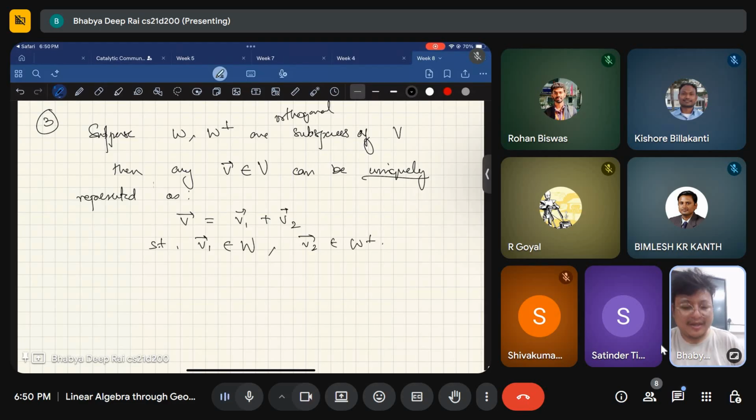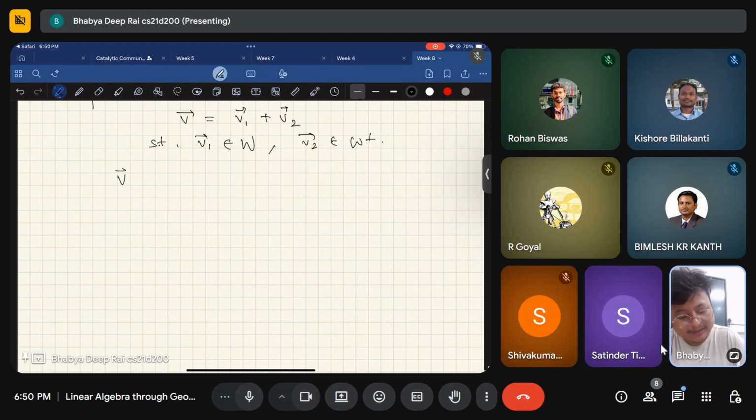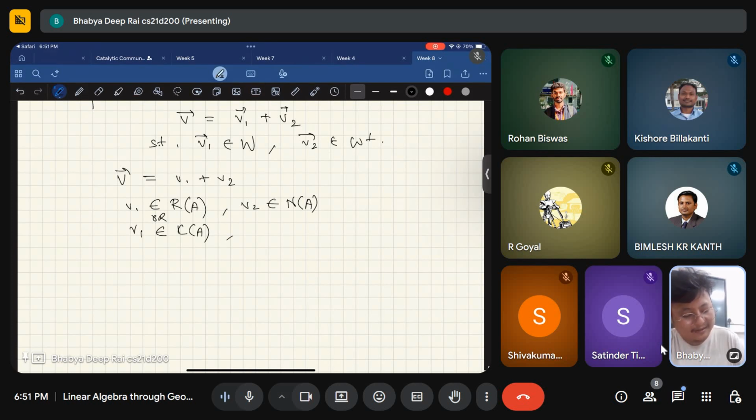What does this mean? That I can write V as V1 plus V2, where V1 is in the row space and V2 is in the null space of A. I can also write V with V1 in the column space and V2 in the left null space.